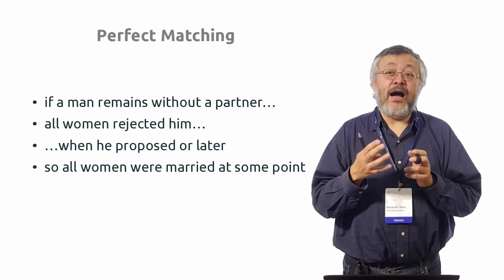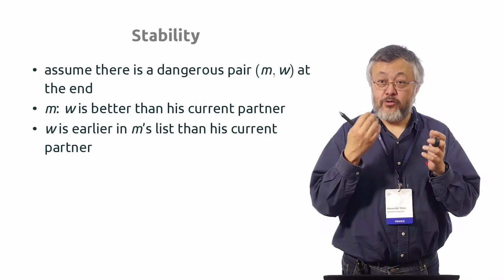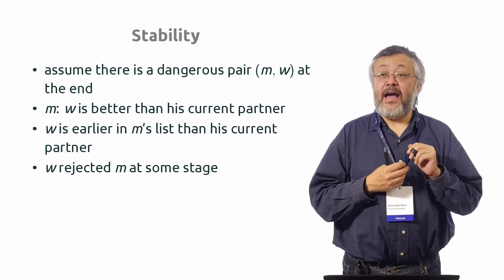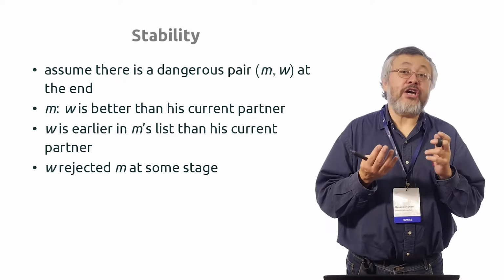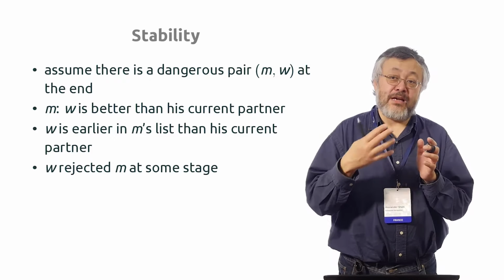So this better W was in the list before, because before M proposed to his current partner, he should also have proposed to W, because she is earlier in the list. And then W rejected him either immediately or after some time.